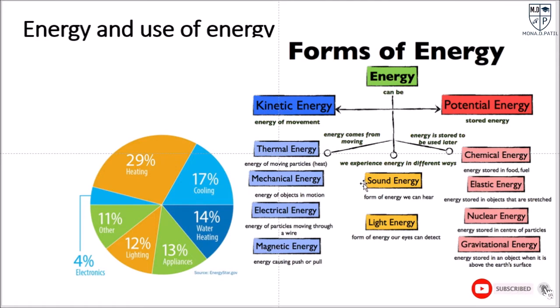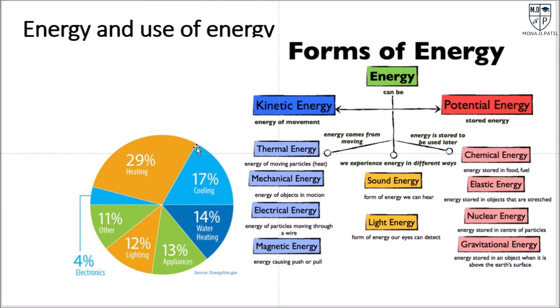If we experience energy in different ways, like sound energy, light energy, or it is stored to be used later: chemical energy, elastic energy, nuclear energy, and gravitational energy. So all these forms of energy we are experiencing in our day to day life.